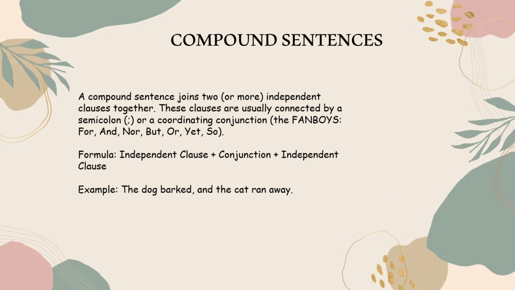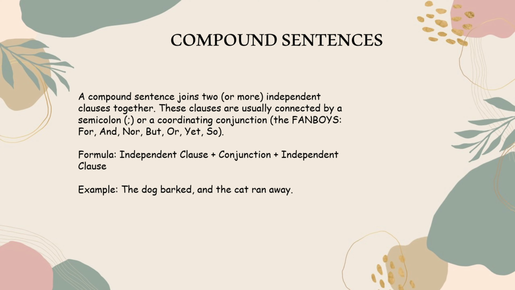The second thing on the list is compound sentences. So a compound sentence joins two or more independent clauses together. And these clauses are usually connected by a semicolon, which is like a normal colon, but the dot on the bottom line is like a comma.